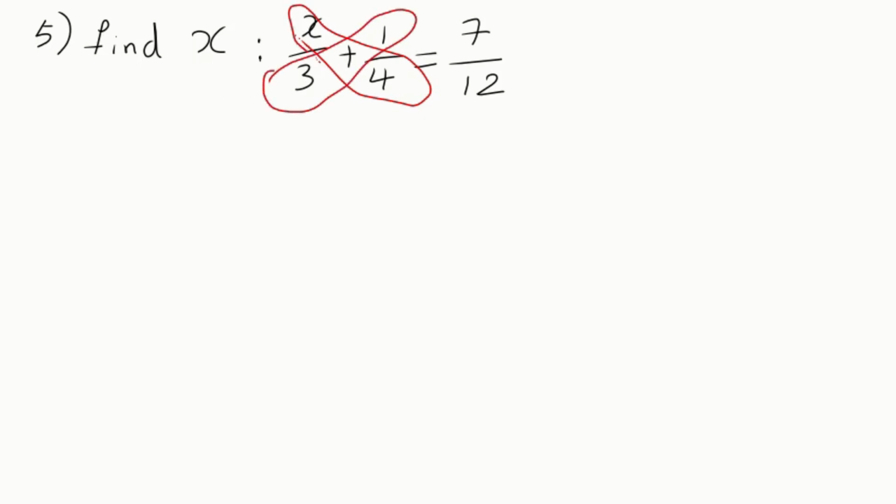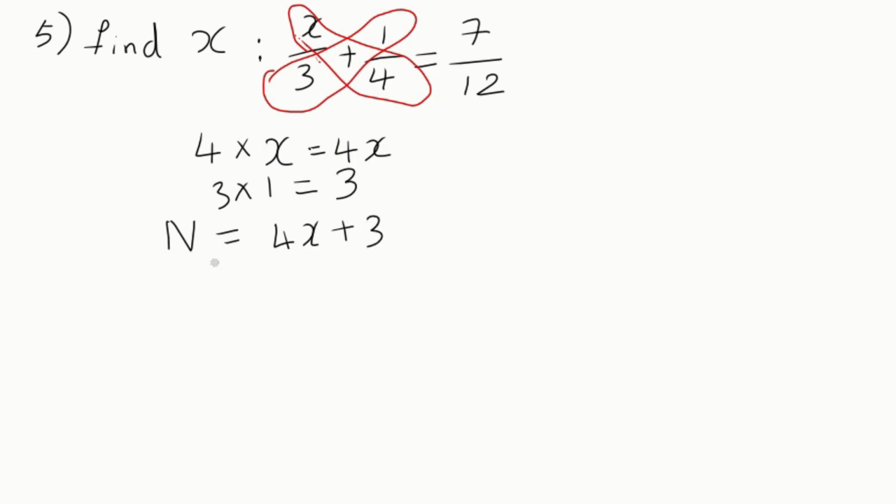So here it is, by cross multiplying we'll get 4 into x, so 4x. The next is 3 into 1, so 3. So here we'll get 4x plus 3. This is the numerator. Now the denominator: 3 into 4, that is 12. 4 3s are 12.